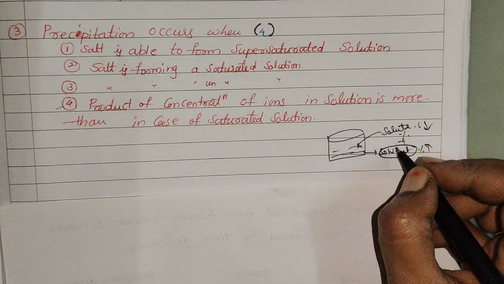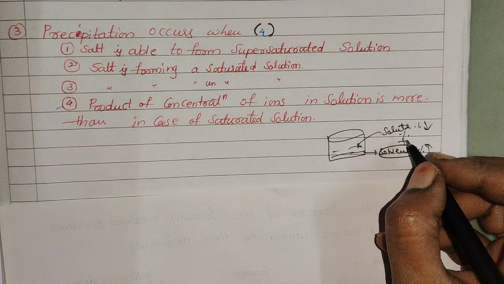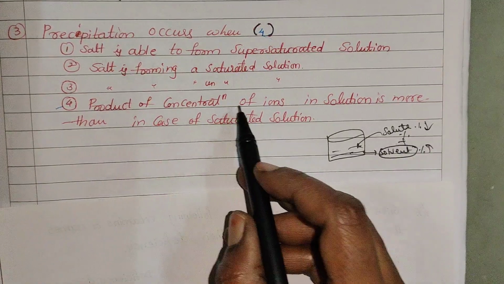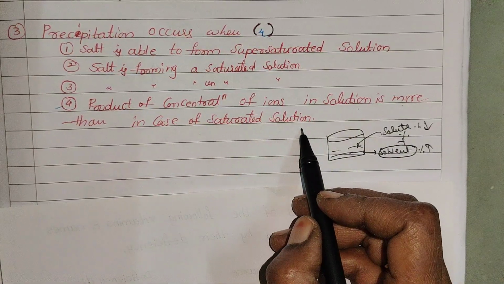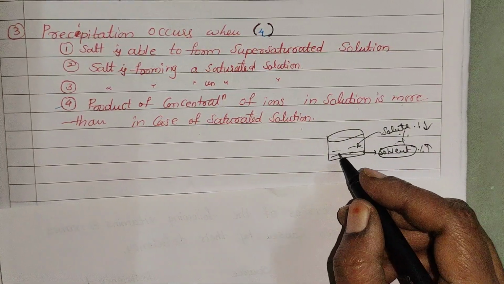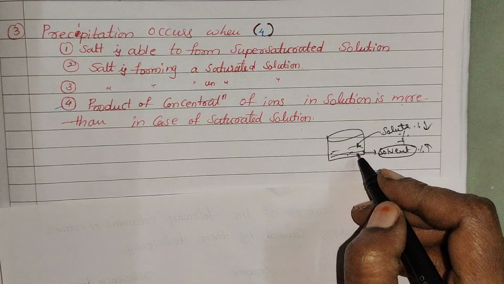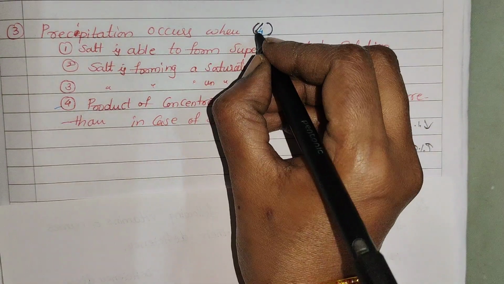For a precipitate to form, compared to the solvent, the solute percentage is more. So at that time the concentration of ions in solution is more than in the case of a saturated solution. After completion of the saturated solution, even more ions are present, and at that time the precipitate is formed. That is why option 4 is right.